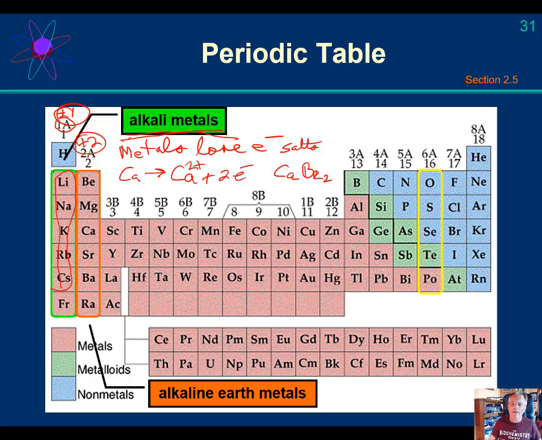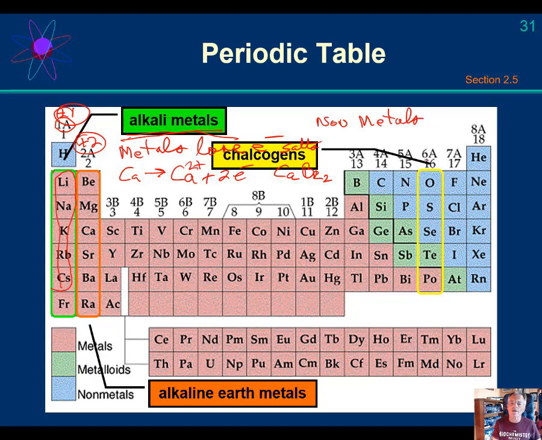Let's go over here to the other side of the periodic table. Now, up here, we're talking about nonmetals. And nonmetals, unlike the metals, like to accept electrons. All right?